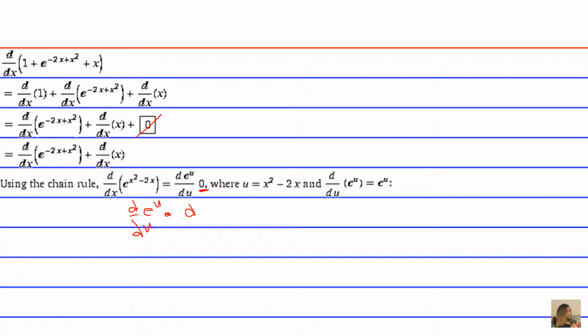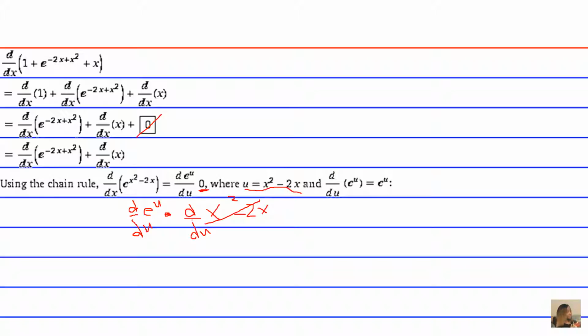That's what the chain rule says, okay? And you're going to take the du of x squared minus 2x. So there are no u terms here. So that's why this just turns into a 0, okay?